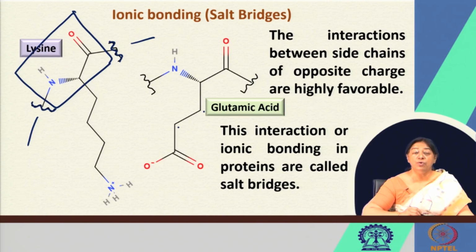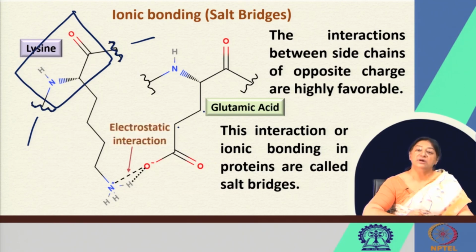So, we have to know how to identify the amino acids, and then also know, from a knowledge of the type of side chain that they are involved in, what kind of interactions are possible between the specific side chains. When we are looking at the side chains of lysine and glutamic acid, we see that there is a possibility of an electrostatic interaction because of the negative charge and the positive charge.